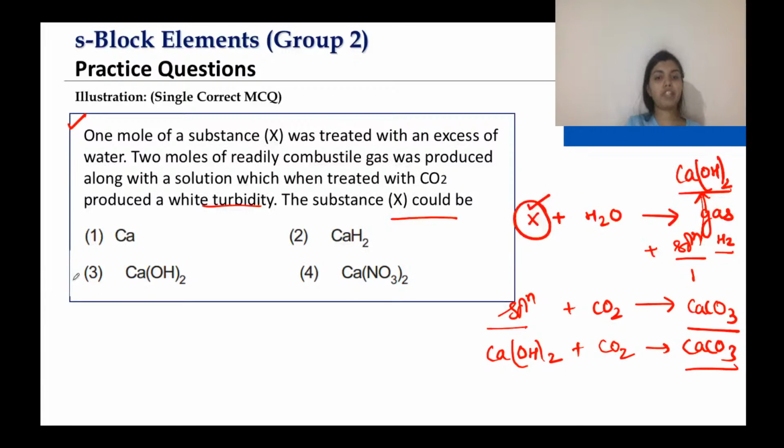Should it be calcium? Should it be calcium hydride? Should it be calcium hydroxide, or should it be calcium nitrate? I have given you all the hints. What should be reacting with water to give you calcium hydroxide plus hydrogen gas?